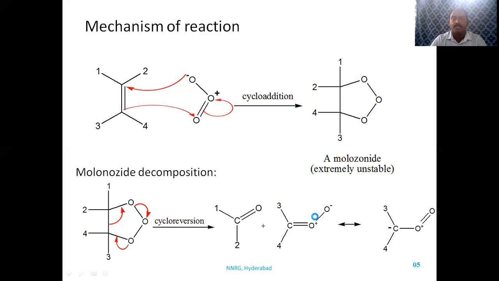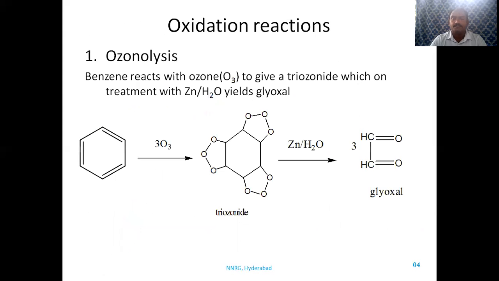If you go back to the reaction, one carbonyl here and one carbonyl here form glyoxal. So when benzene reacts with ozone in the presence of zinc and water, it yields glyoxal. That is very, very important because triozonide is a very unstable molecule, which when treated with zinc and water, the bond breaks, destabilizes, and decomposition of the triozonide takes place to form glyoxal.